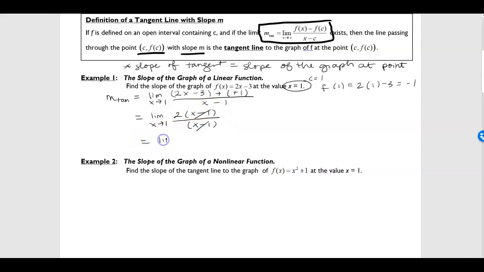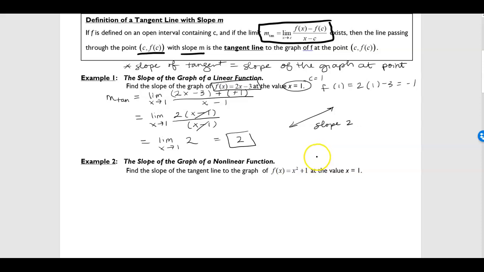And so I have the limit as x approaches 1 of 2, which is just 2. There were no variables left for me to plug in there. That should make sense with what we know about the graph of 2x minus 3. It's just a line with slope 2. Anywhere I draw a tangent line would also have to have a slope of 2 because it's already linear.